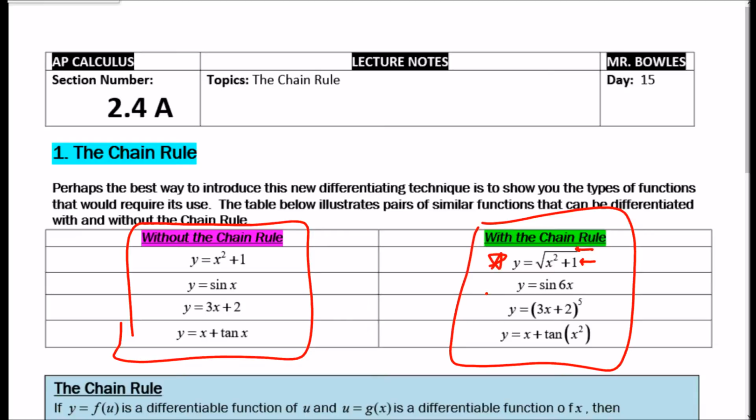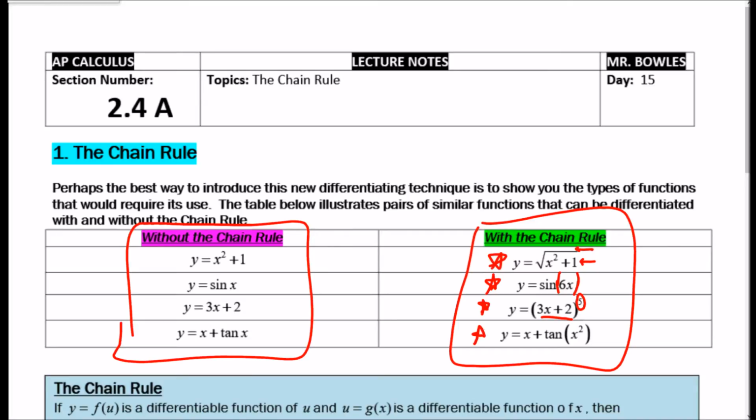On this second one, y equals sine of 6x, if we put in some parentheses around this 6x, it makes it a little more obvious that the 6x is a linear function, and then the sine of 6x makes a composite function. On this third one, we have a linear function inside of a fifth degree polynomial.